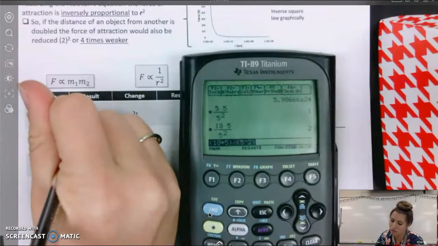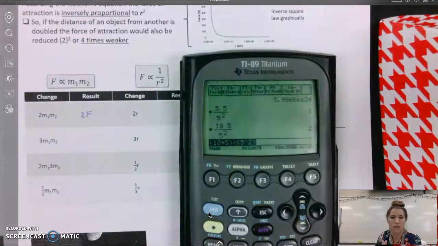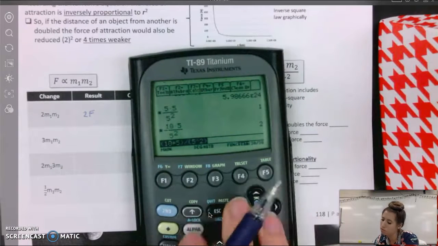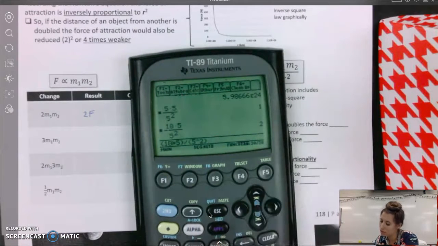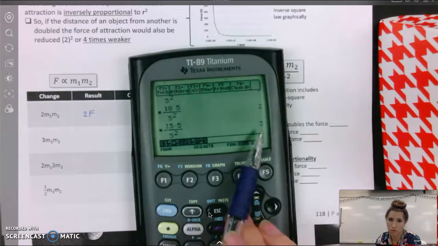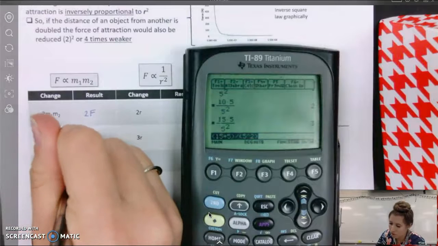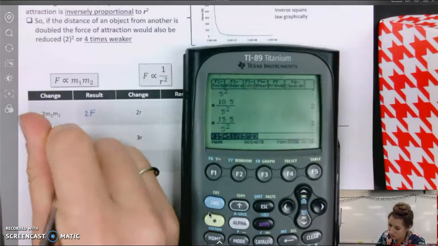Well, we got twice as much force. Okay, all right, what if instead of doubling, mass 1 tripled? So we'd have 15 instead. Then the force also triples. When one got bigger, the other one got bigger, and they're directly proportional to one another.